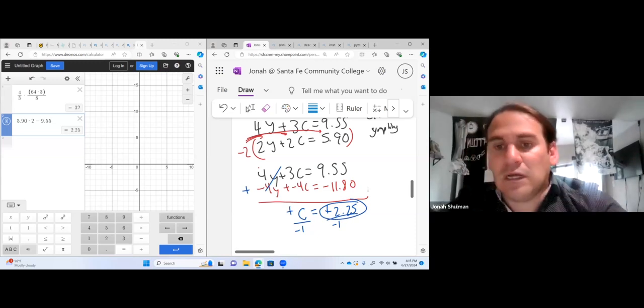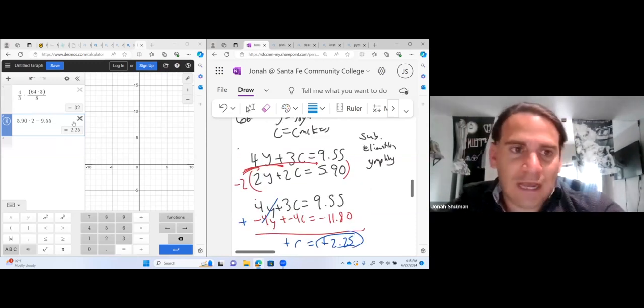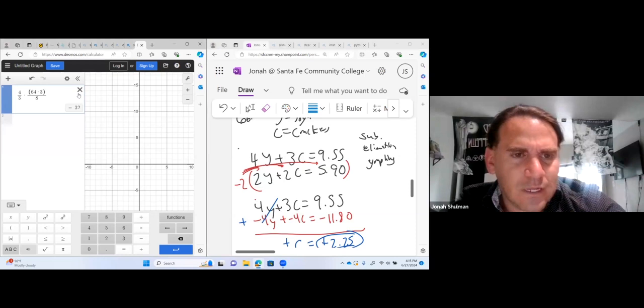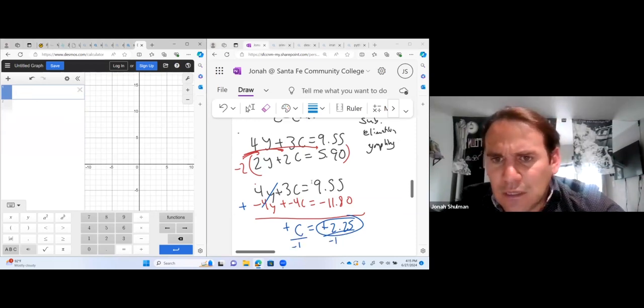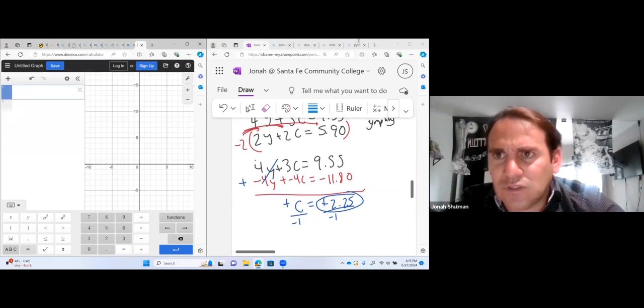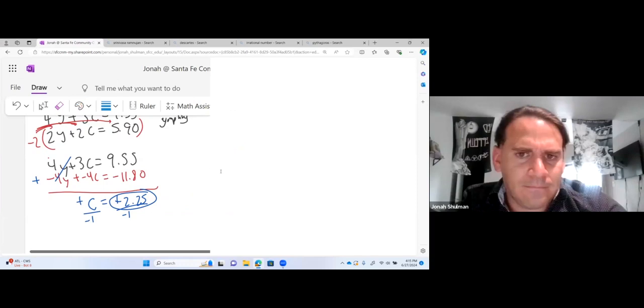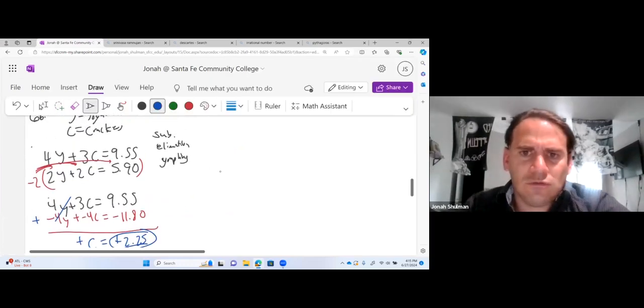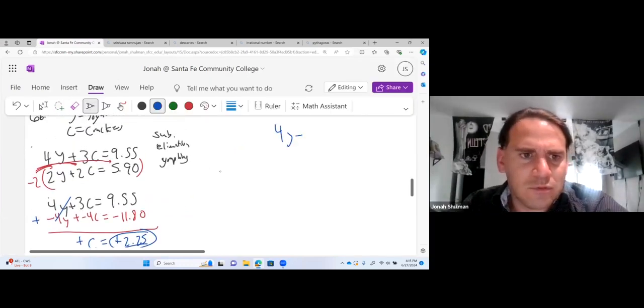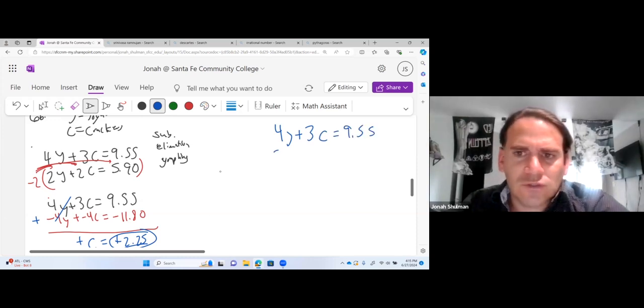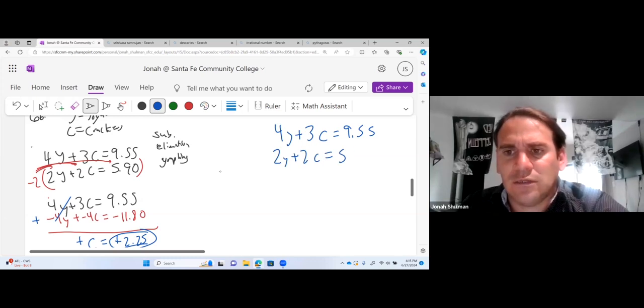So that's elimination. Now, graphing is also pretty easy. So we have these 2 again. I'll show you substitution though. So we have 4y plus 3c equals 955. And we've got 2y plus 2c equals 590.